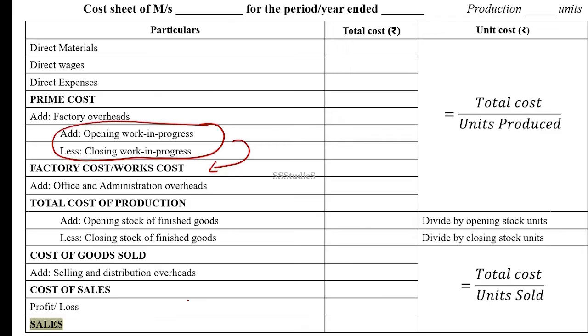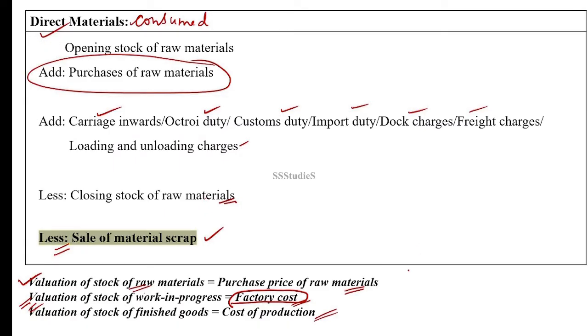For valuing stock of finished goods, we look into cost of production. So this is the valuation part of the stock of either raw materials, work in progress, and finished goods.